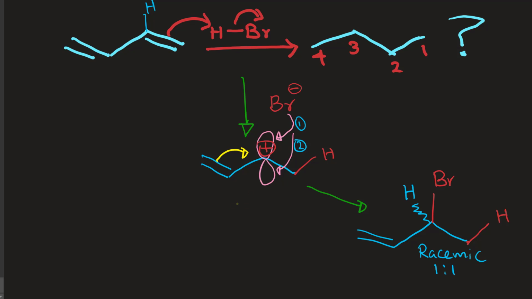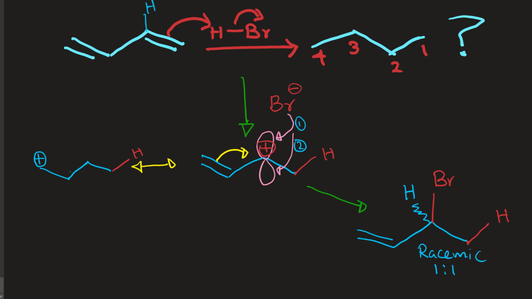So you get the yellow arrow. It's allylic, so the pi bond moves and you will get a different resonance structure. It should look like that. The plus goes to the terminal point and the double bond moves to the center, the middle, and the hydrogen stays where it was, right?